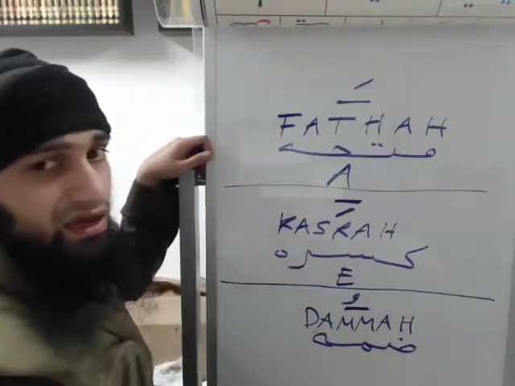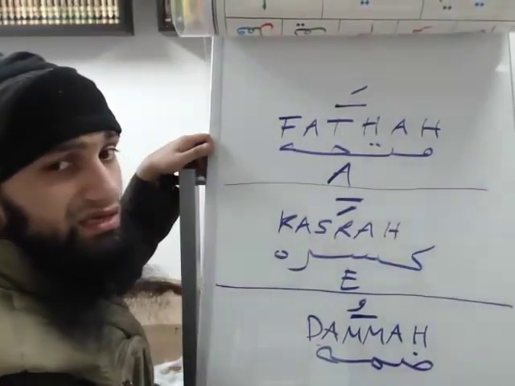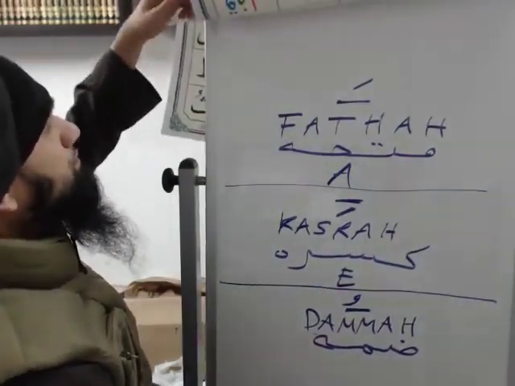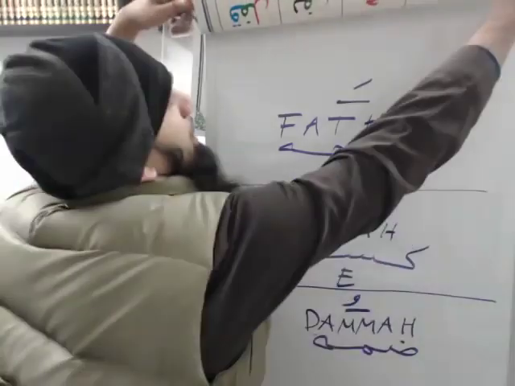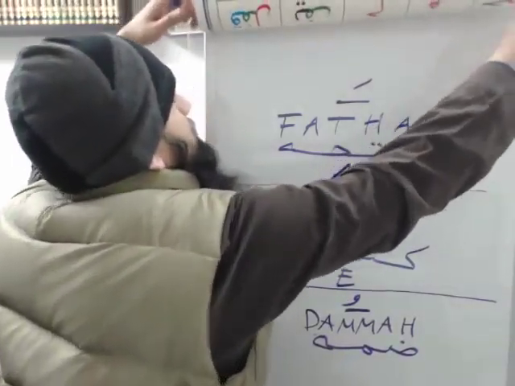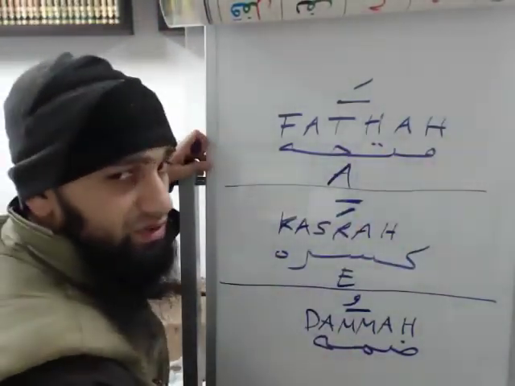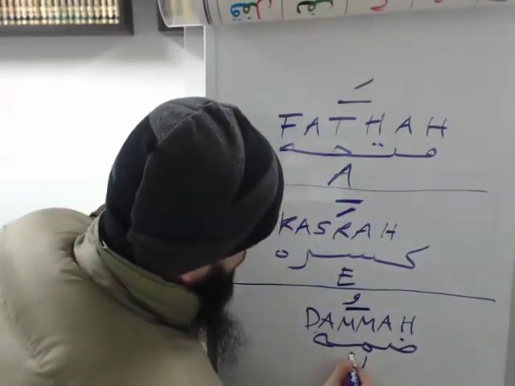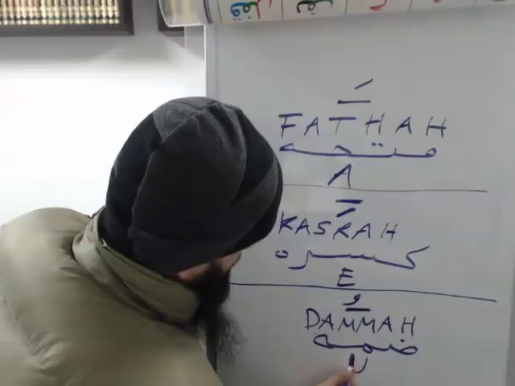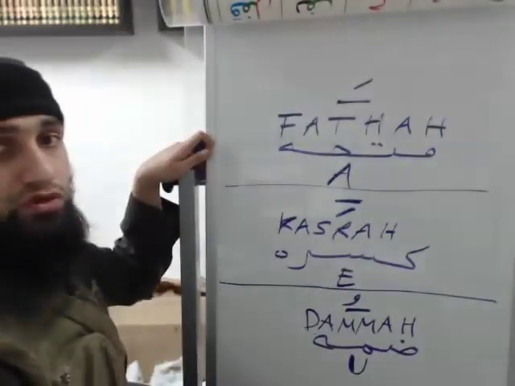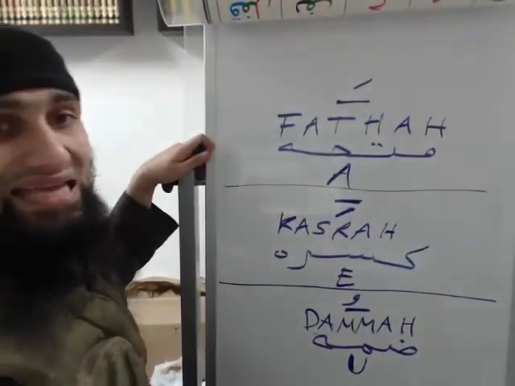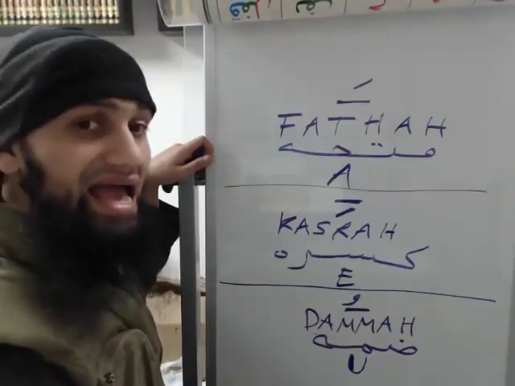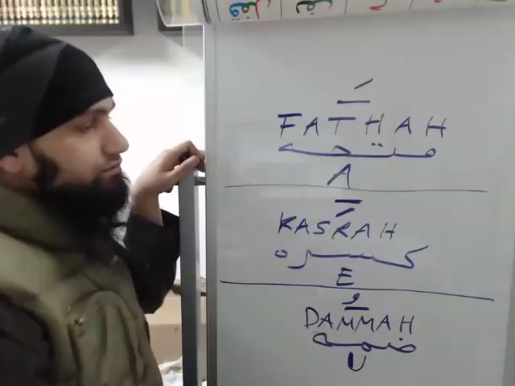Dhamma goes above the letter also, looking like a waw. It makes what type of sound? The U sound, ooh. So we have A, E, ooh.